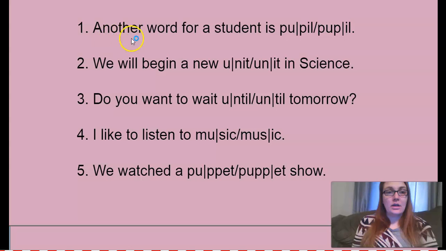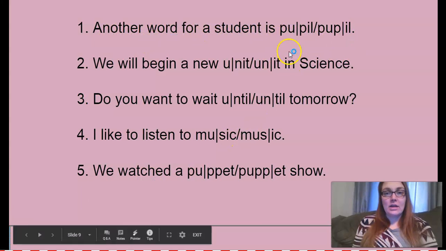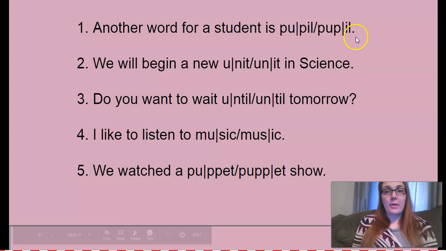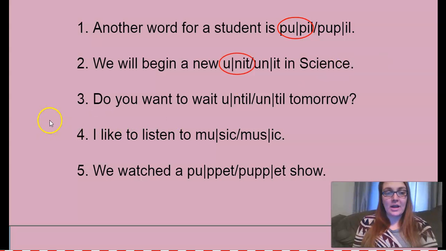Number 1, another word for a student is it pupil or pupil? You think? Good. Pupil. Number 2, we will begin a new, is it unit or unit in science? Unit or unit? Very good. Unit. Keep it up.